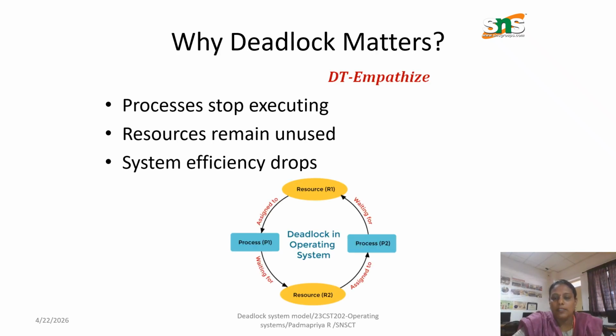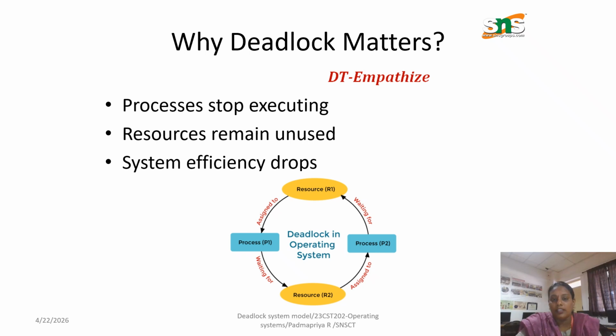Why deadlock matters: processes stop executing, resources remain unused, and system efficiency drops. Here, resource 1 is assigned to process P1, and at the same time process P2 requests the same resource 1. Resource 2 is assigned to P2, but P1 requests resource 2.